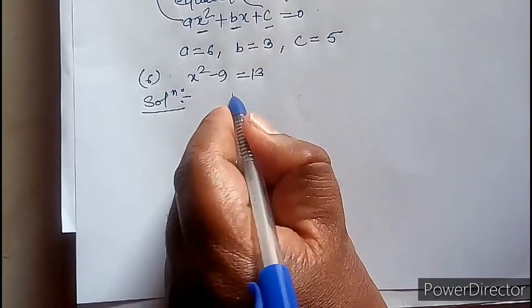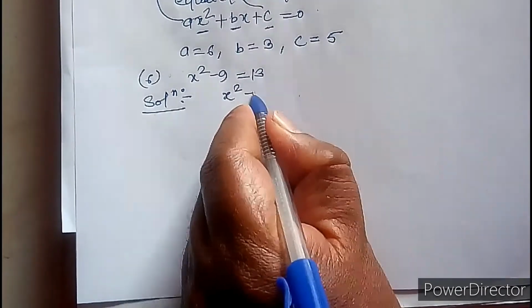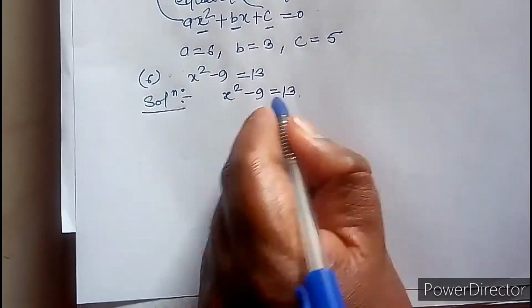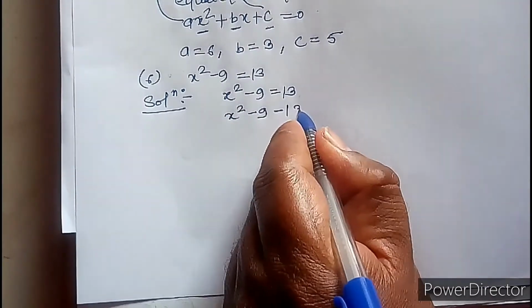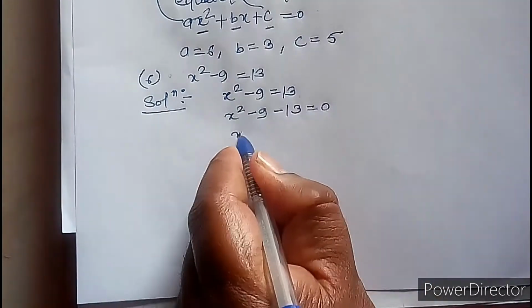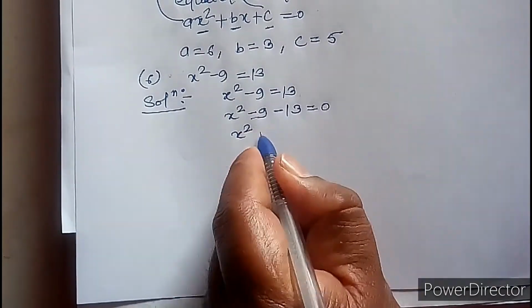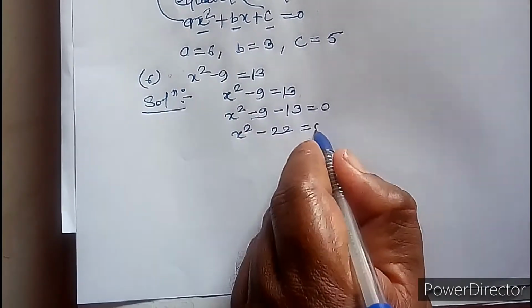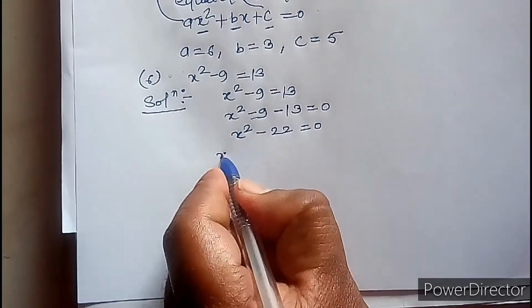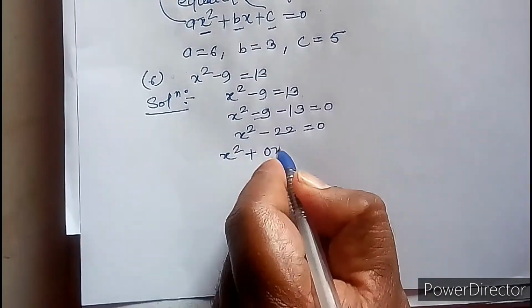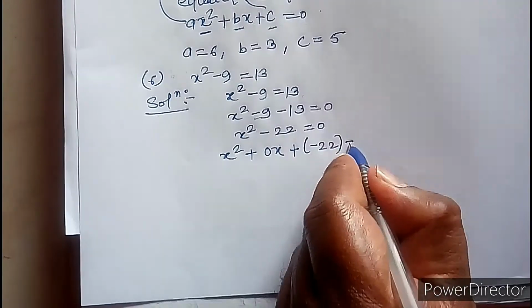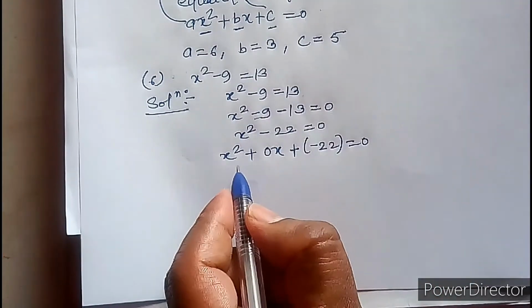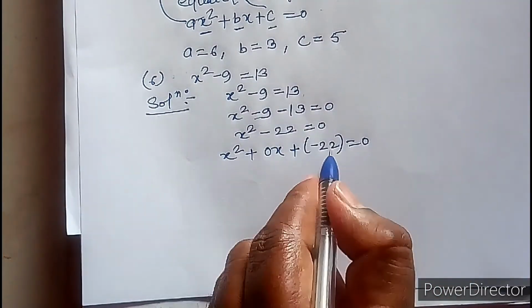In the solution part, write down the question as it is, that is x square minus 9 equals 13. x square minus 9 minus 13 will be equal to 0, x square minus 9 minus 13 will be minus of 22 equals 0, that is x square plus 0x plus minus of 22 equals 0. This equation is in the form of ax square plus bx plus c.